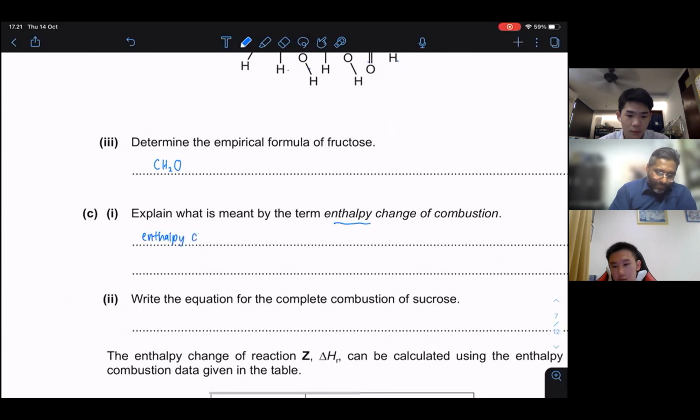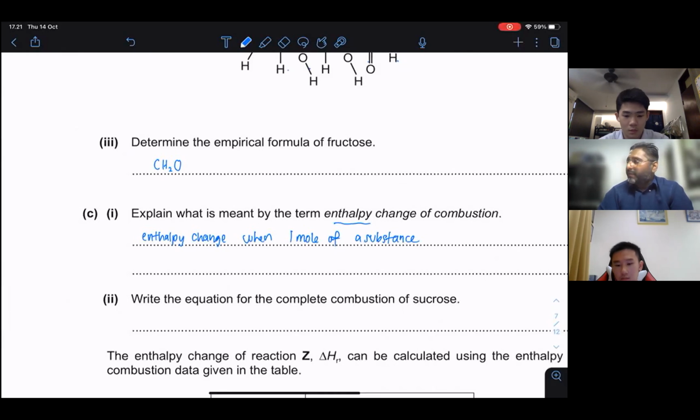Enthalpy change when 1 mole of a substance is completely burned with excess oxygen. You can actually use react, burn, combust, you can use all of these. So when 1 mole of a substance reacts, I'll just use reacts, it's easier, when 1 mole of a substance reacts with excess oxygen.